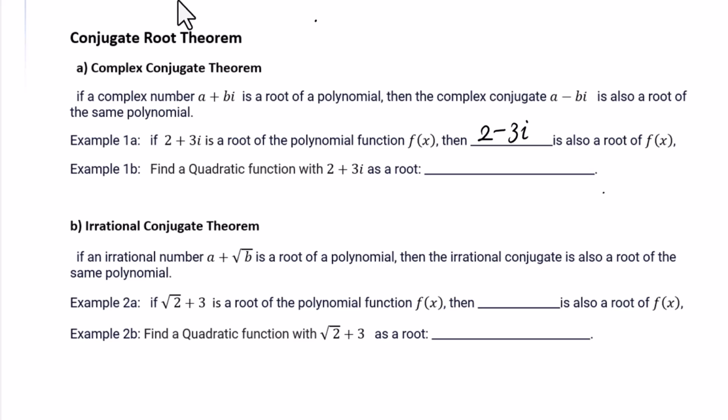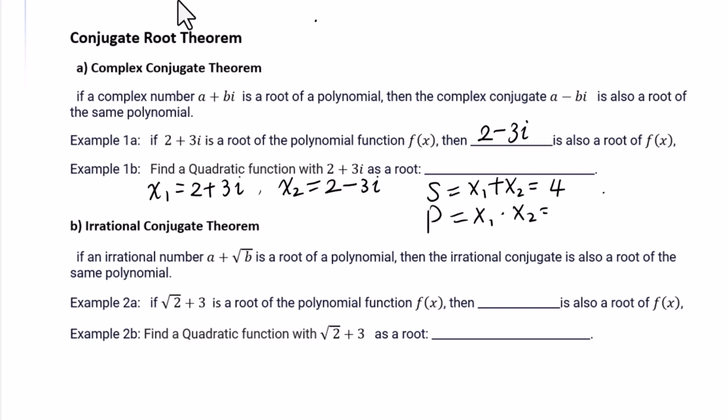Example 1b, find a quadratic function with 2 plus 3i as a root. x1 equals 2 plus 3i. Then x2 equals 2 minus 3i. According to this complex conjugate theorem, s equals x1 plus x2 equals 4. p equals x1 times x2 equals 2 plus 3i times 2 minus 3i.